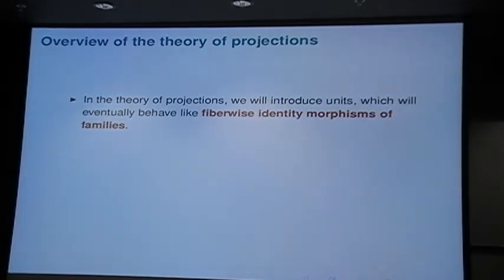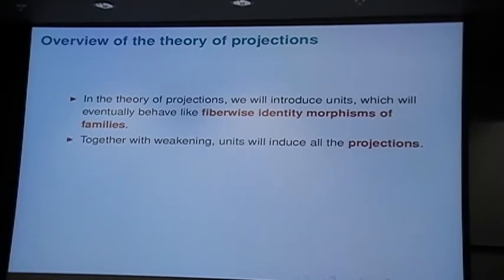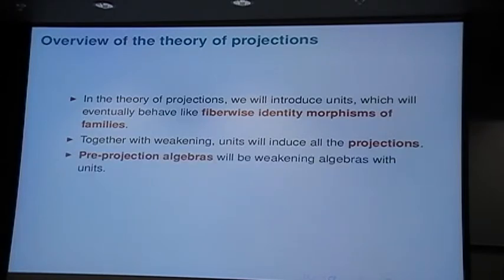Okay, then the theory of projections, where we introduce identity morphisms. They are sort of fiberized identity morphisms, but really just identity morphisms. We call them units. When you weaken a unit, you get an arbitrary projection, so that's why I call this the theory of projections. There will be again first a version of pre-projection algebras, where you have an implementation of this unit.